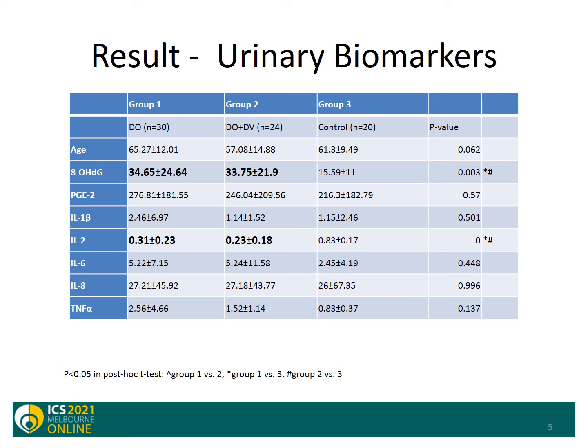For your information, 8-OHdG is a marker for oxidative stress. PGE2 is a marker for bladder contractility. The interleukins are markers for inflammation, and TNF-alpha for apoptosis.